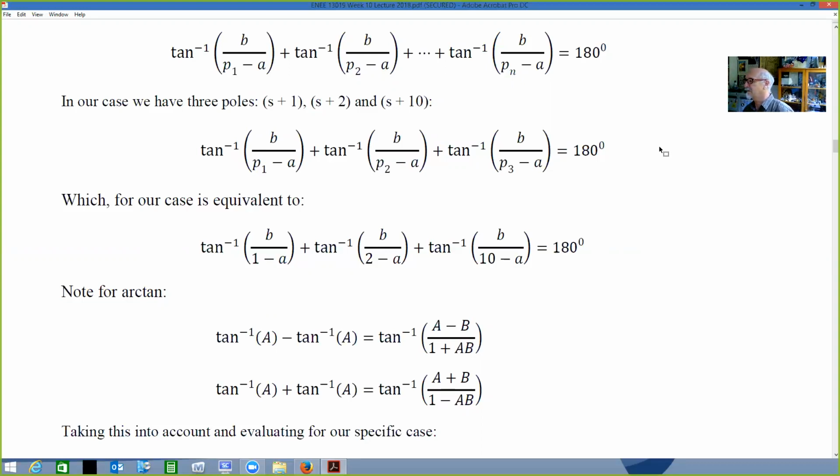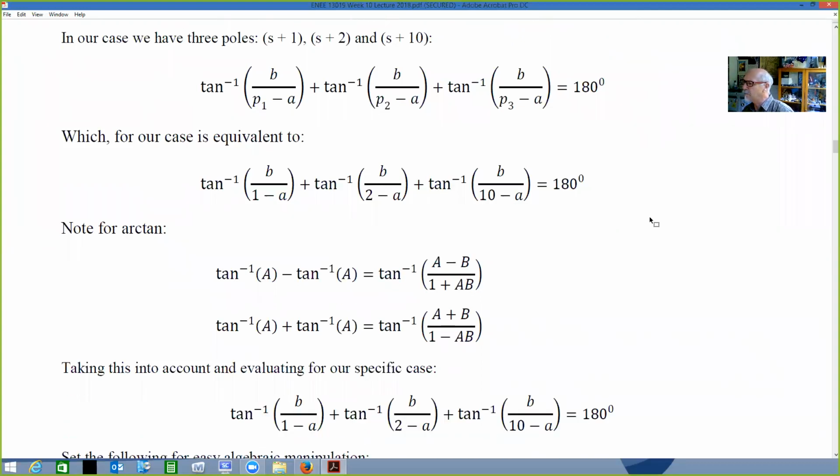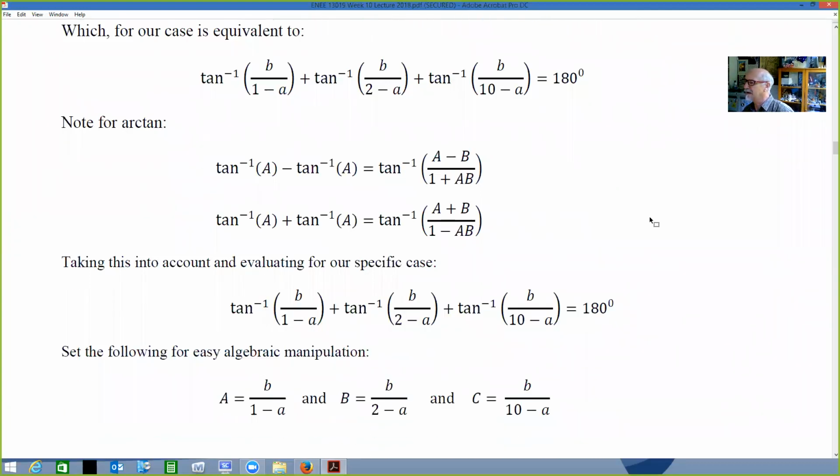What we end up with now is an expression with A's and B's in it. We can look at that expression and take into account some of our identities. This is the arctan identity for expansion when you have that kind of format. So we can take that into account, and what I'm going to do is make life a little bit easier.